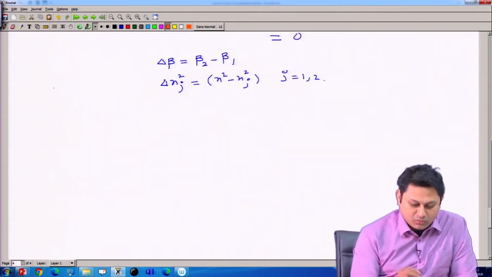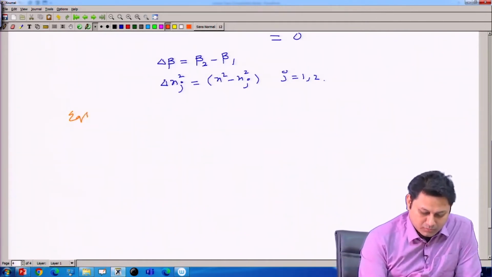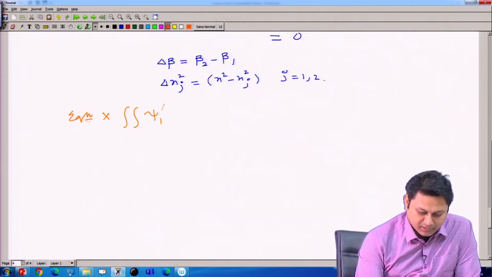So now, equation 3 I am going to multiply by a term like psi 1 star dx dy.